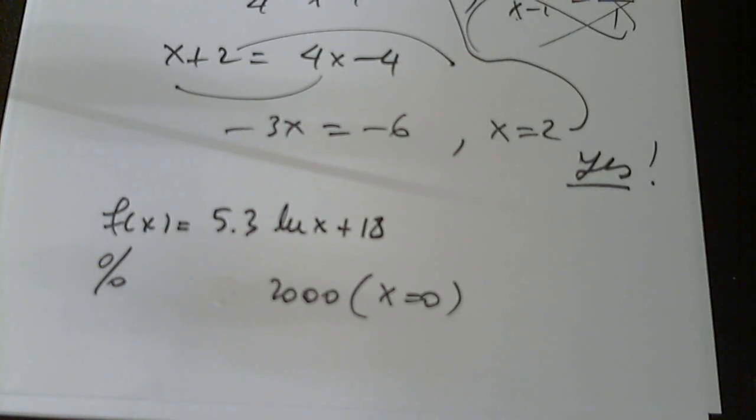It said the year 2000 was the initial, so x is years after 2000. So they want 2019.